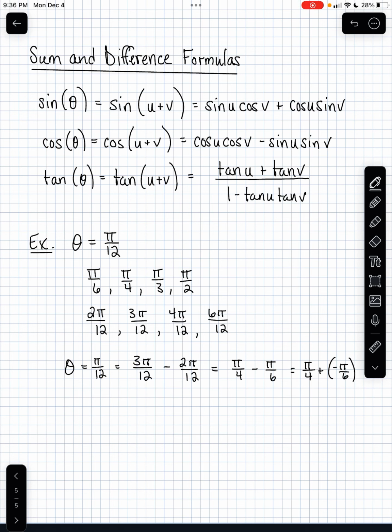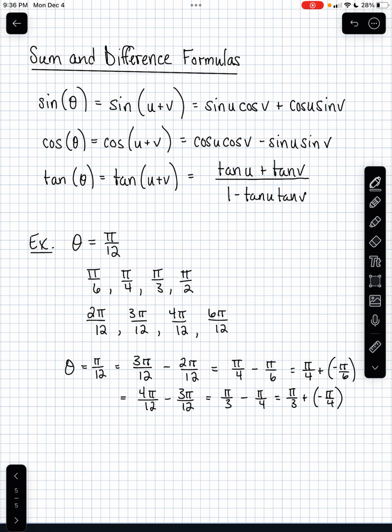Or, we can write it as 4 pi over 12 minus 3 pi over 12, which again, as our common angles, would be pi over 3 minus pi over 4, or pi over 3 plus negative pi over 4.